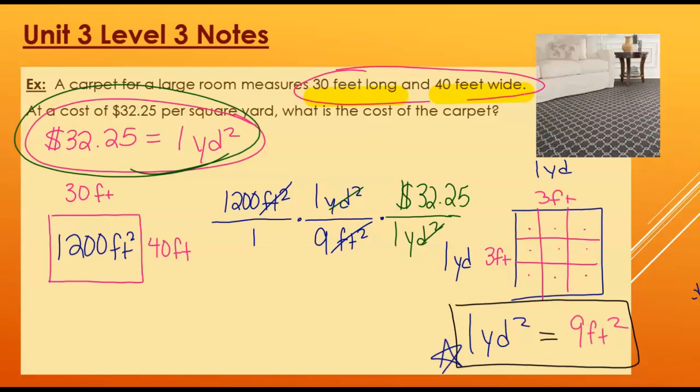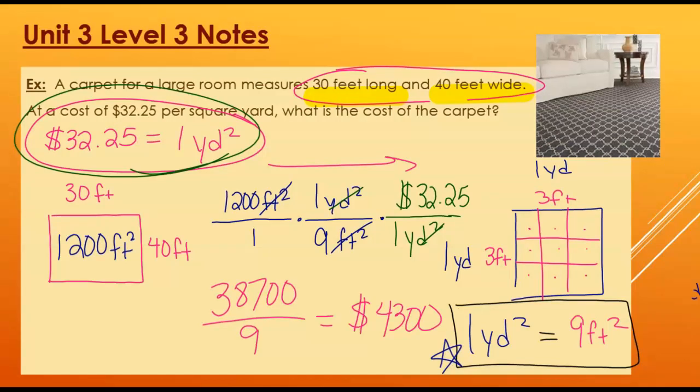Now, if I multiply these straight across on top, 1,200 times 32.25 is 38,700 divided by 1 times 9 times 1. And we get 4,300, and that is what we did get the first time. We're really close to it.